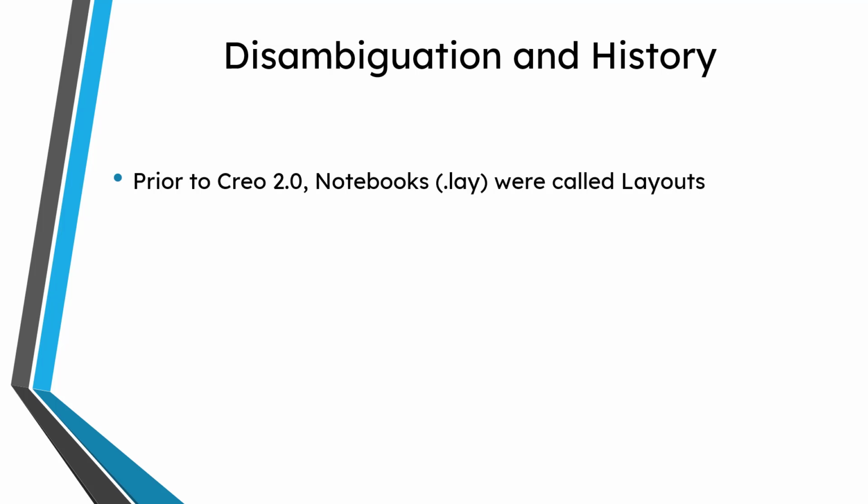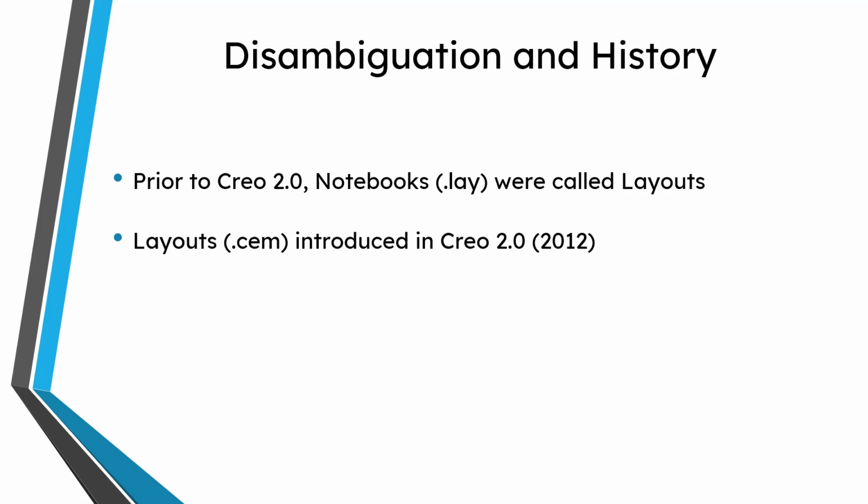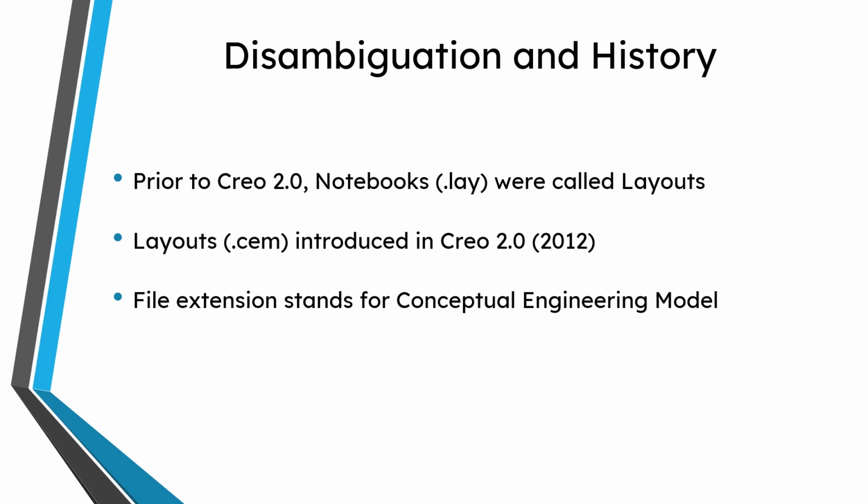.lay extension still today. The current layouts have a .cem extension, and these were introduced back in Creo Parametric 2.0 in 2012. As far as that .cem, it is short for Conceptual Engineering Model.